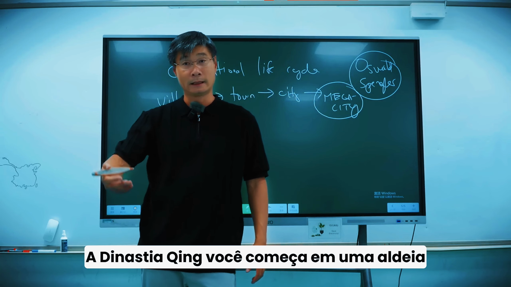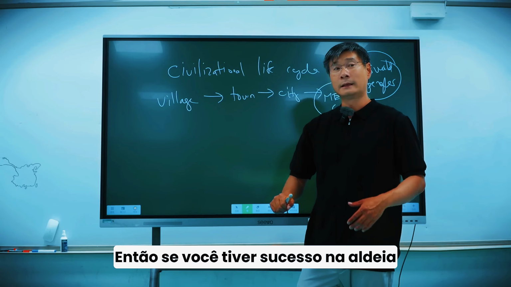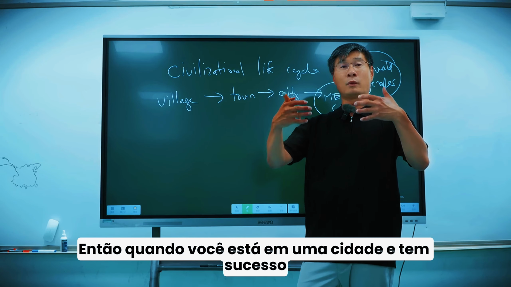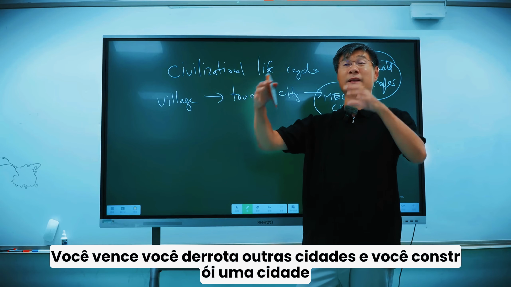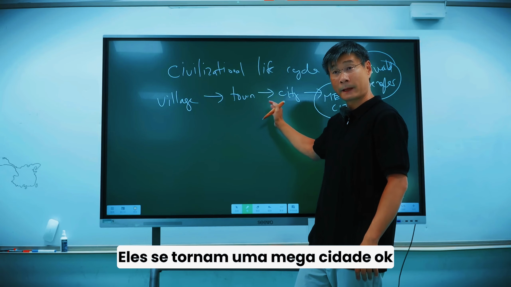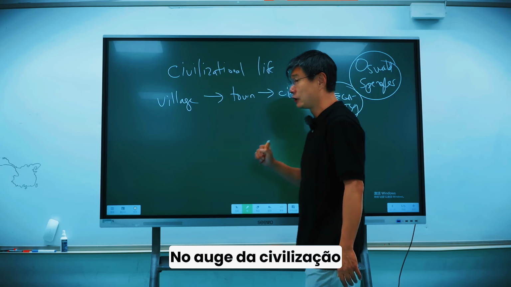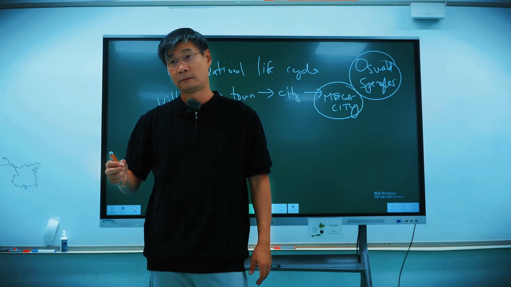The Qing dynasty. You start off in a village, then if you're successful in the village, you build a town, then when you're in a town, and you're successful, you defeat other towns and you build a city, and you become a megacity. Okay? And what Oswald Spengler says is, at the height of the civilization must now die.